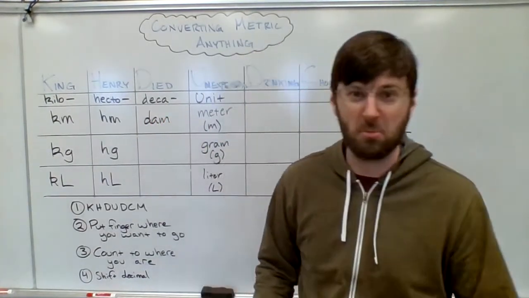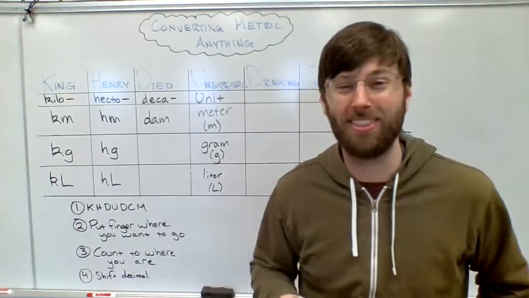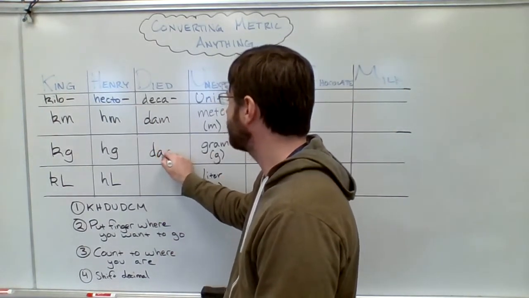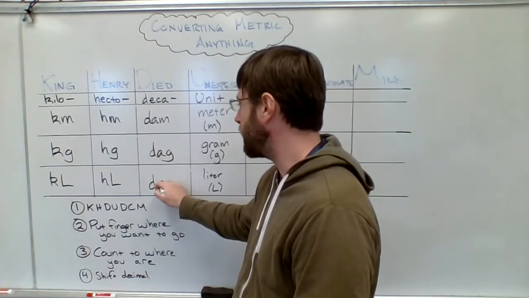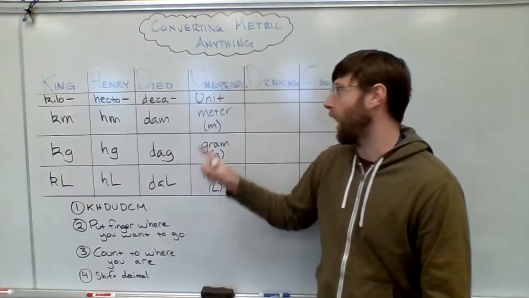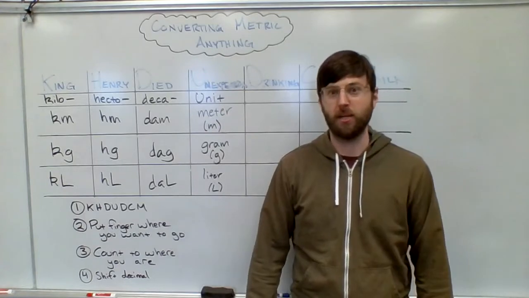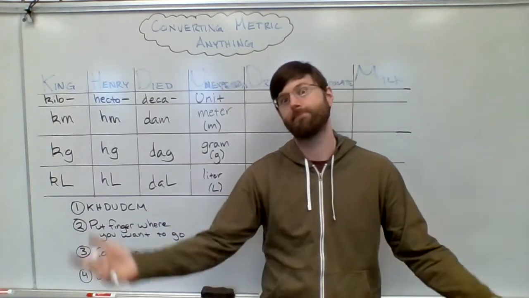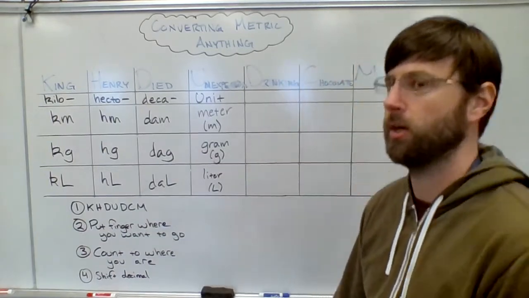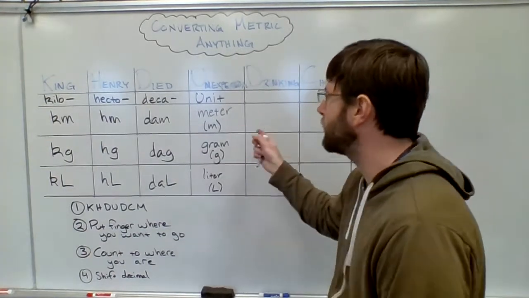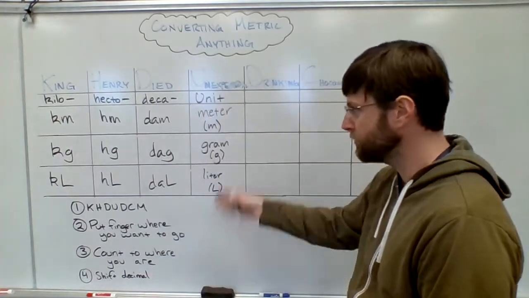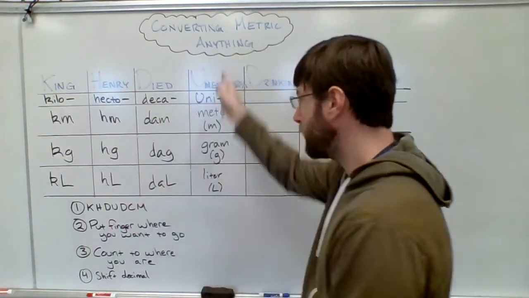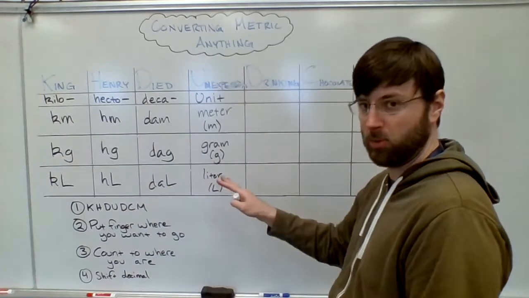Mr. Van Dong wrote a bad word on the board. No, he didn't. It would have an N at the end if it was. And there's a decagram, and there's a decaliter. How many meters to make a decameter? 10. Deca just means 10. Okay, so a decathlon. Right? Anyway, so 10, 100, 1,000. Base unit, just normal.